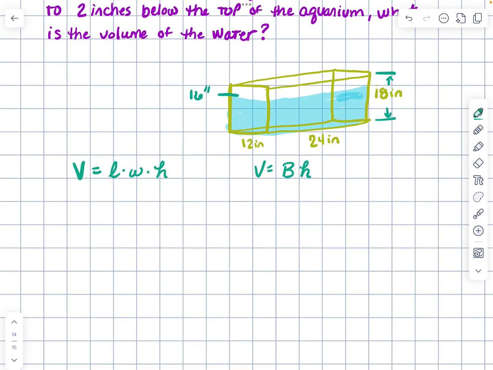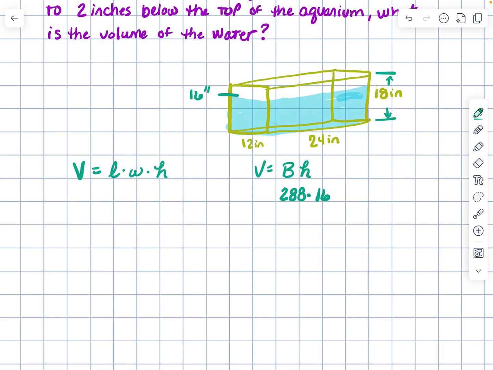So we can plug that in here. And then our height is now going to be 16 instead of 18. Oops. Oh no, that was right. 288 times, well, actually what I should really do is write this all out so you can see it.